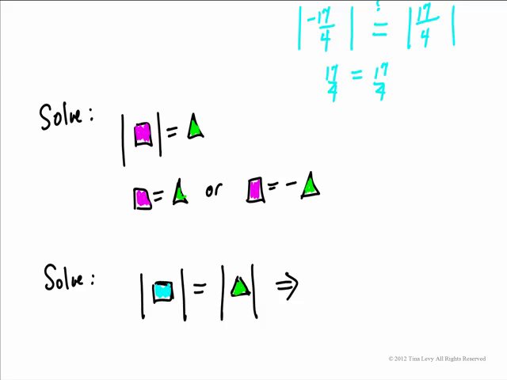For this one, whatever's inside here will equal whatever's in there, or whatever's in one of the absolute values, you will put a minus in front of whatever is in the other one. And then you'll proceed after that to solve for either x or whatever variable.